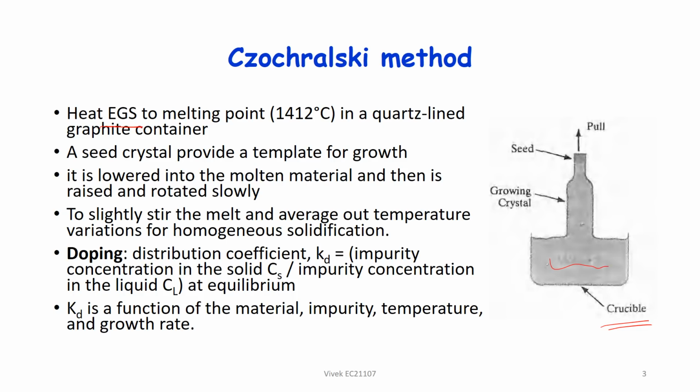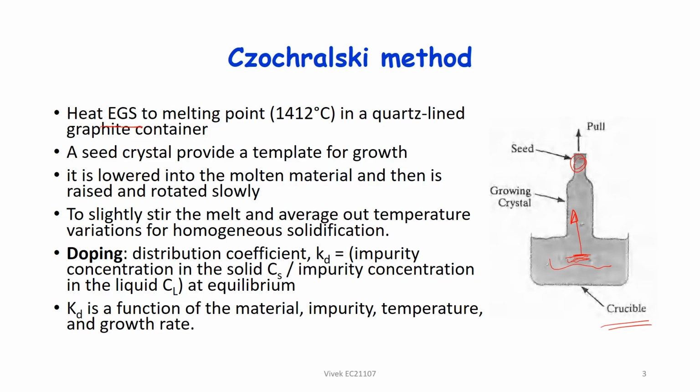And then what we do: now this is in liquid phase, so we have to have a seed crystal here, right? That crystal is dipped in this molten silicon, and it is slowly pulled up. While it is slowly pulled up, this molten silicon attaches to this single crystal and it solidifies.